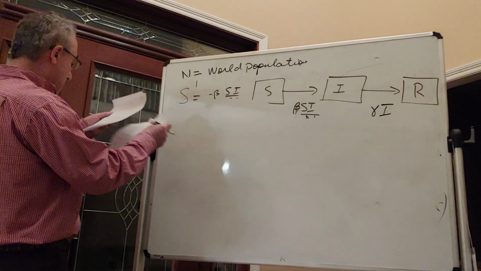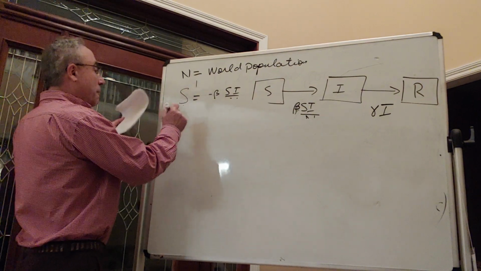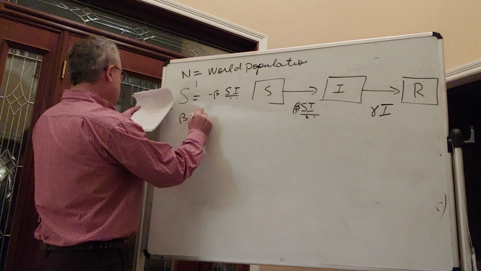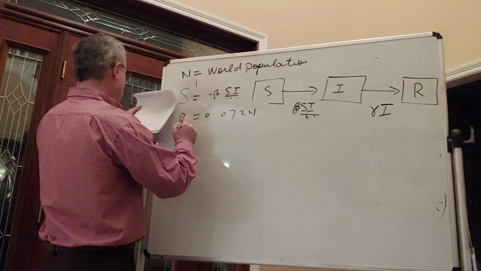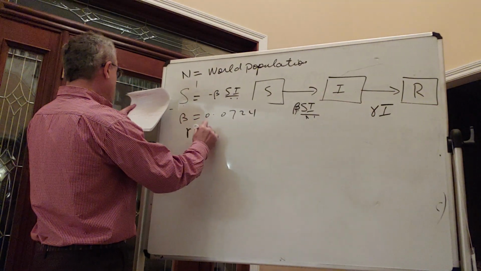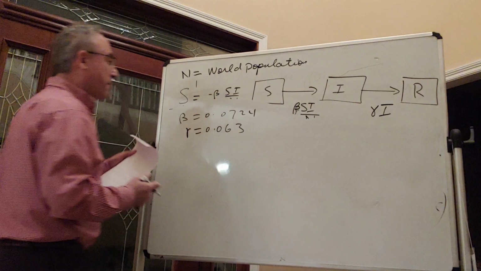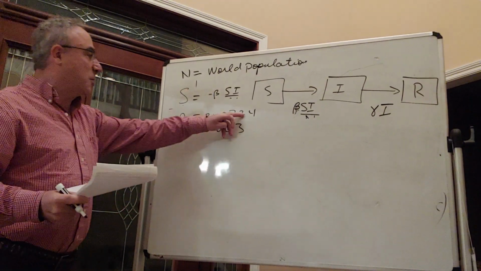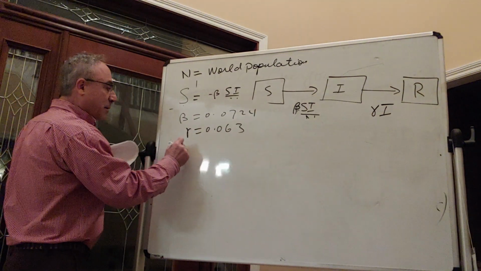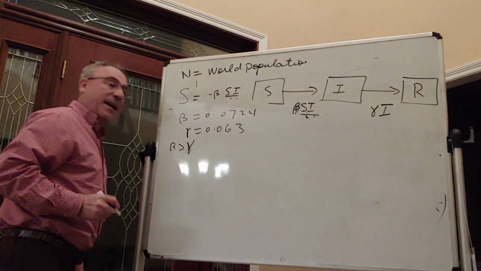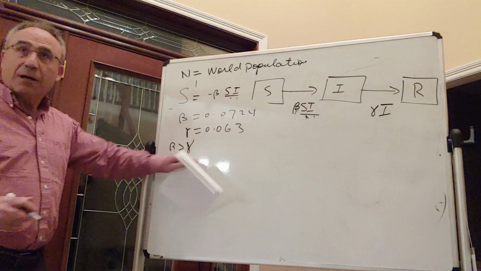If beta is 0.0724 and gamma is 0.063, beta is bigger than gamma, so we have an epidemic.